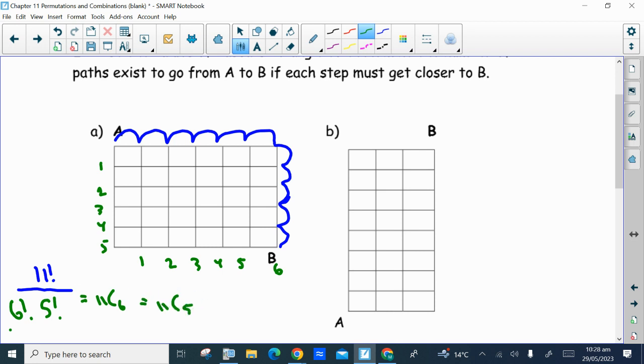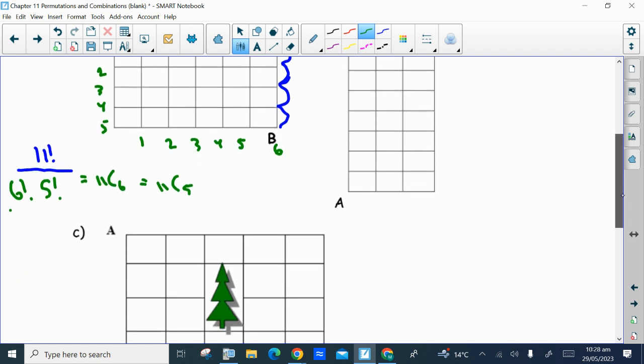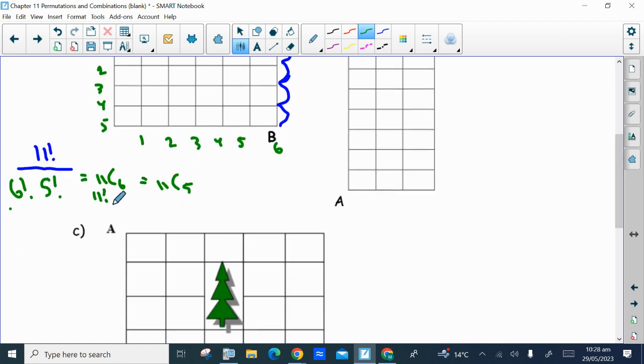If you use the combination formula, nCr, 11c6 would be 11 factorial over 11 minus 6, which is 5 factorial, times 6 factorial. So that matches our original statement here. And if you use 11c5, it would be 11 factorial over 11 minus 5, which is 6 factorial, times 5 factorial. Same expression as what we started with.